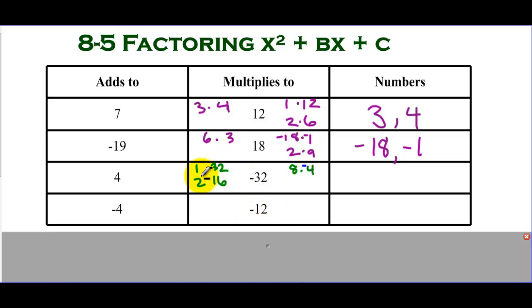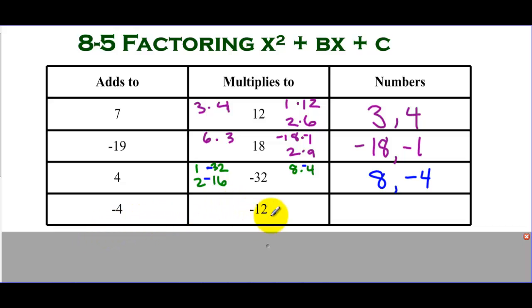So we have to figure out where I should put the negative sign in order to make this negative but get a positive 4 when I add. In this example, 8 times negative 4 is negative 32, and 8 plus negative 4 does give me a positive 4. These are probably going to be the trickiest ones because you have to worry about the negative sign. So in this case, I'm going to say 8 and negative 4.